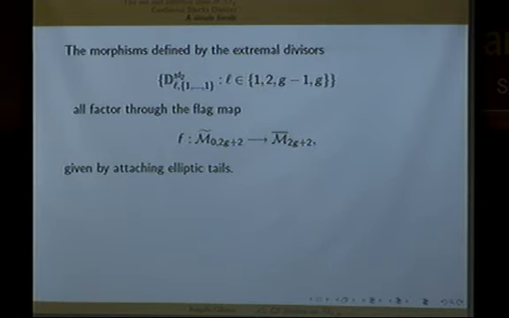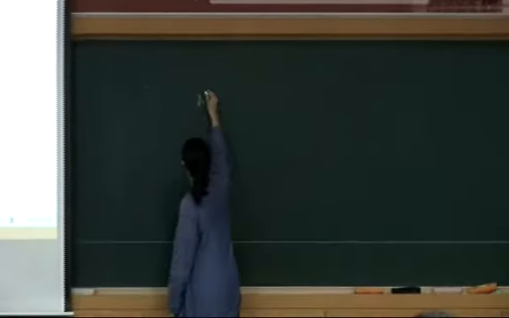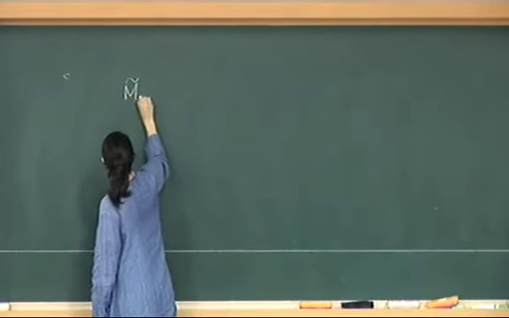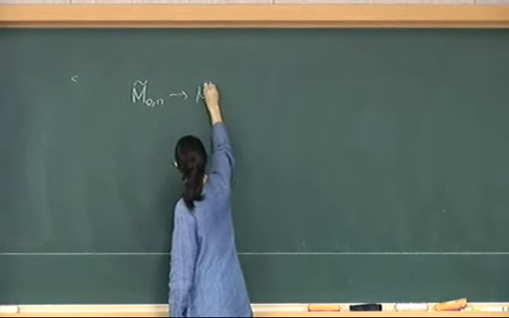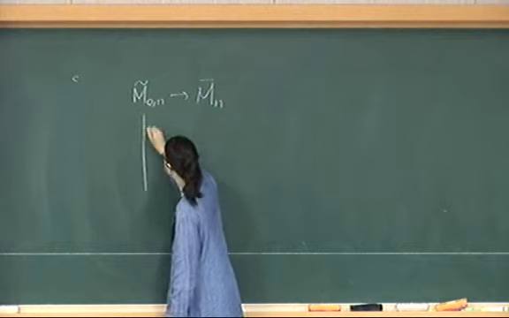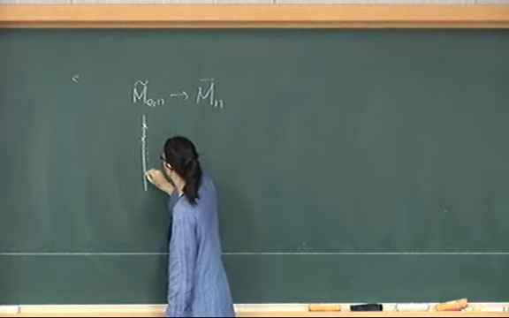the morphism from M0N bar to M_g bar, the moduli space of curves of genus g. It comes up because it's a tool for finding nef divisors on the moduli space of positive genus curves. So there's this map, M0N bar to M_g bar, and it's given by attaching elliptic tails.